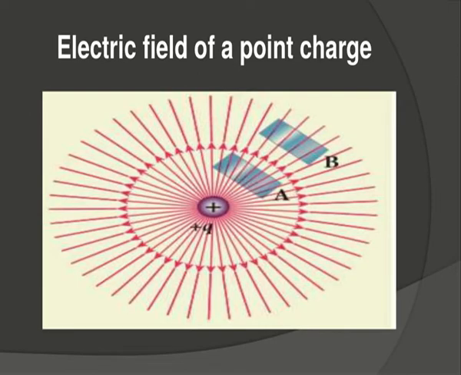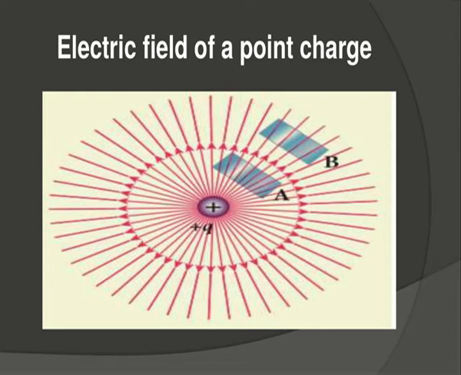Here, students, is one given figure. In this figure the positive charge produces the electric field which is outward, and two small rectangular area elements are placed normal to the electric field at regions A and B. Even though these elements have the same area, the number of electric field lines crossing the elements in region A is more than those crossing the element in region B. See in this figure clearly.